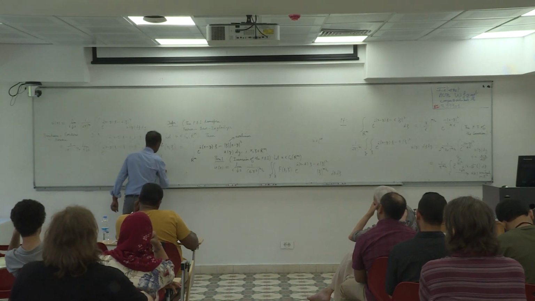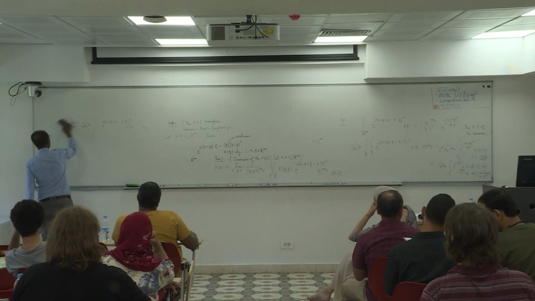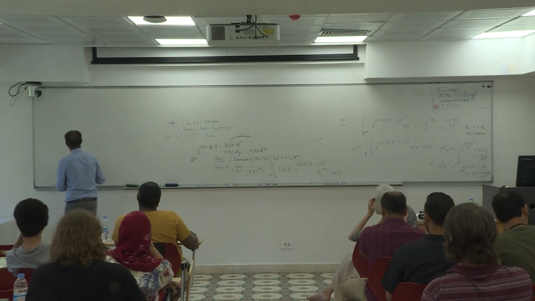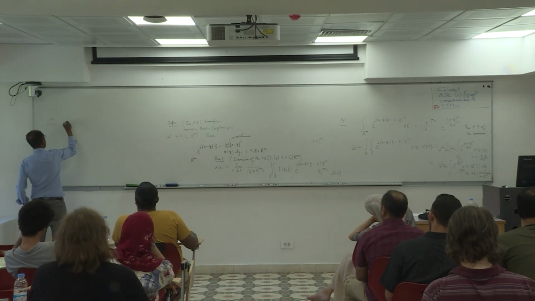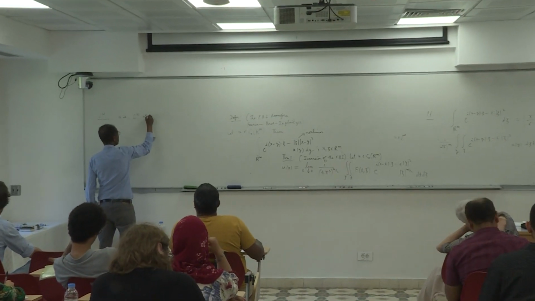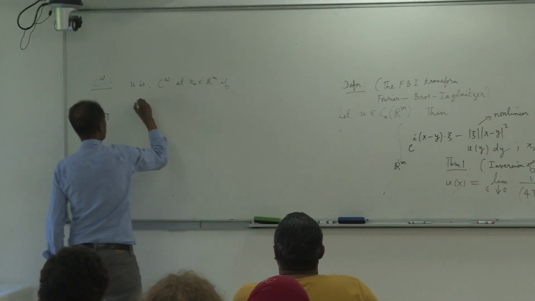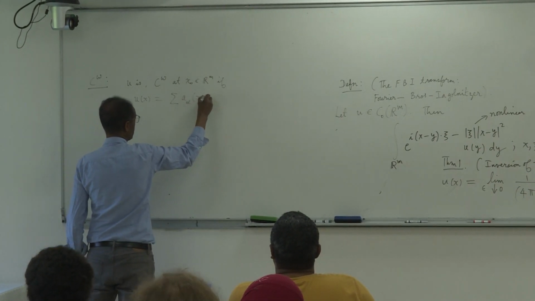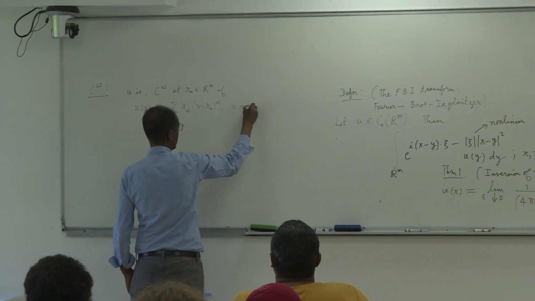But first, let me remind you of real analyticity. What does real analytic mean? I use this notation. Say u is real analytic at x naught means that near x naught, in R^m, u equals a convergent power series centered at x naught, for x in a neighborhood of x naught.